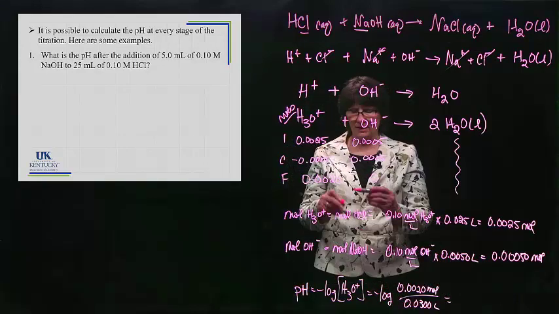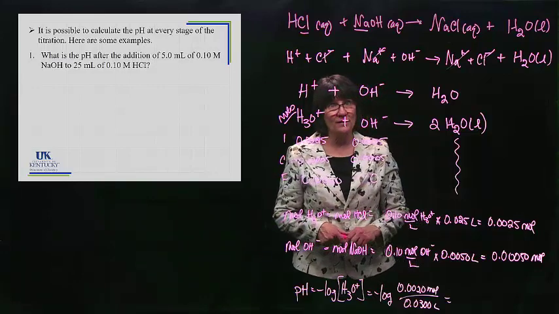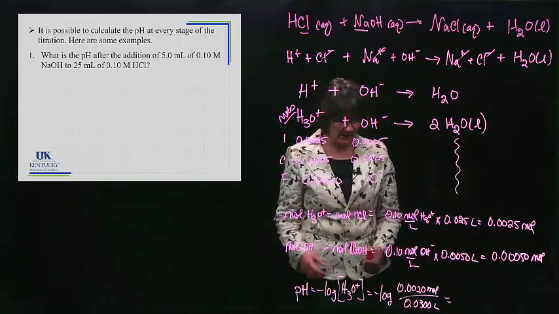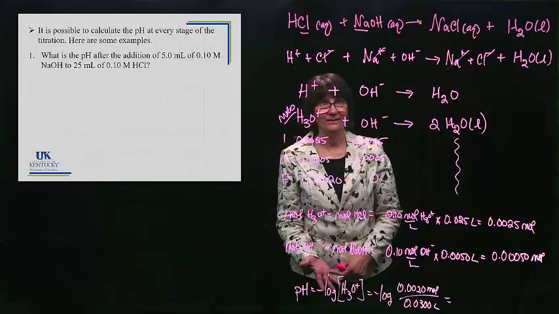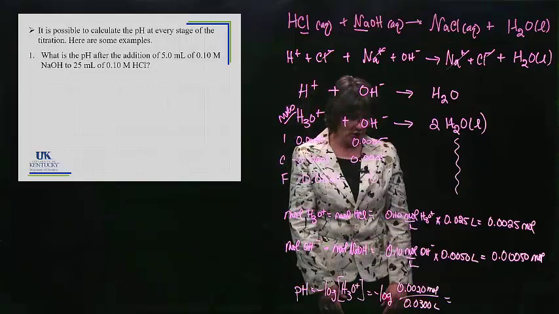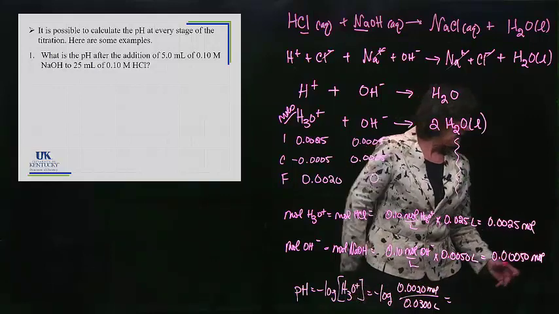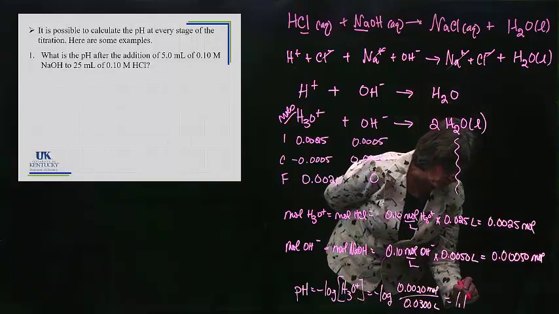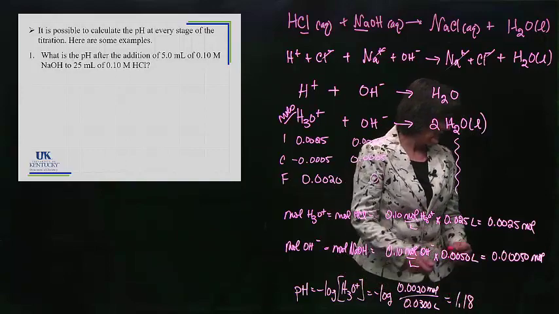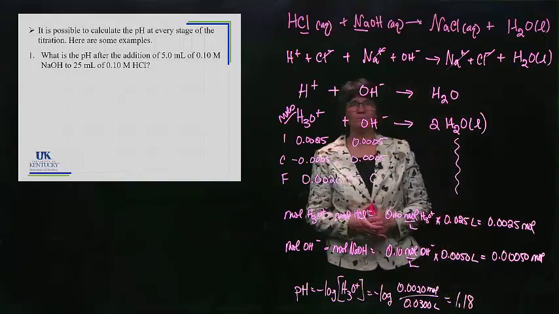And what would you expect the pH to be? Greater than 7, equal to 7, or less than 7? Well, we've got acid in here, so I would expect it to be less than 7, and it is. 1.18 is the pH.